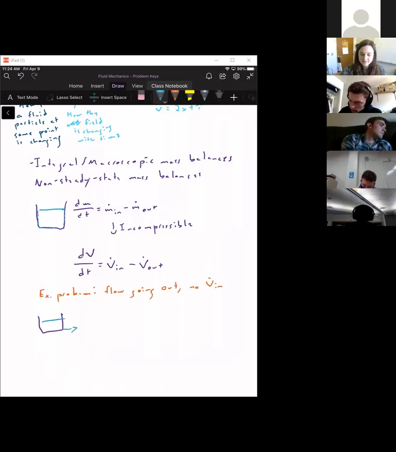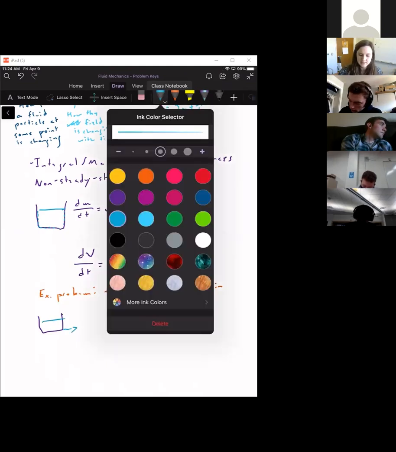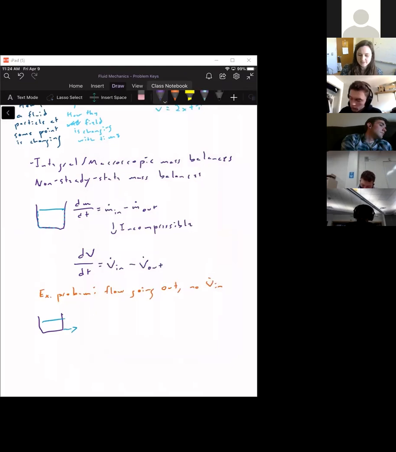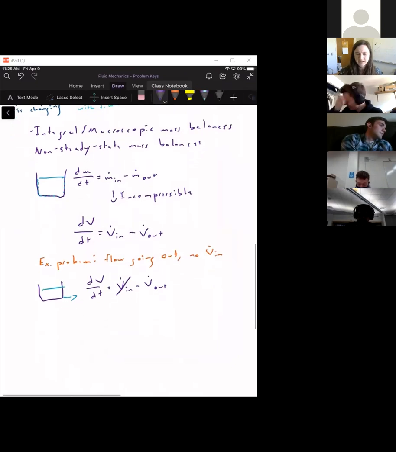So what was our next step after writing dV/dt, the volume over time, is equal to v dot in minus v dot out? Crossed out v dot in. And then what do we do next?